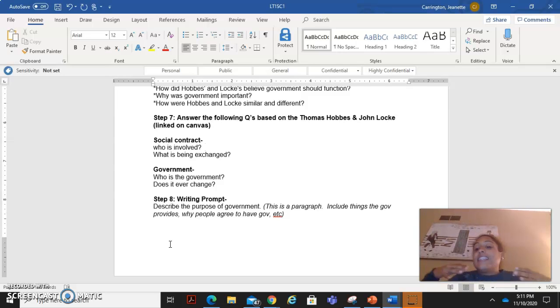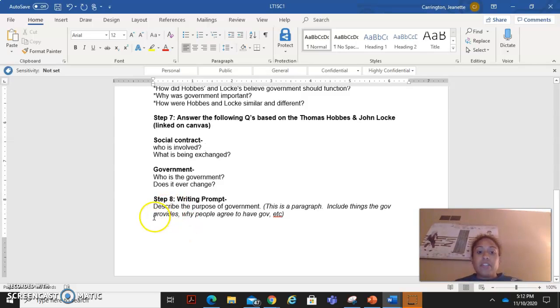Again, instead of posting it on Canvas, I would suggest you write your paragraph right here in the document. Therefore, every part of the assignment is on one document, and therefore it's easier for me to locate and grade, and it's faster. Being that we have 50 kids in this class, we have to streamline some things, and this is one way we're going to try it. So please help me in the attempt to see if this streamlines it.